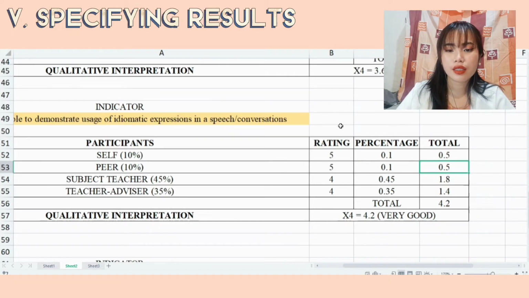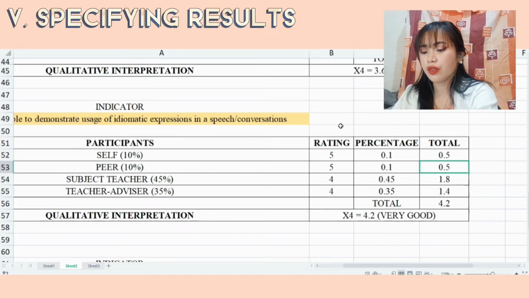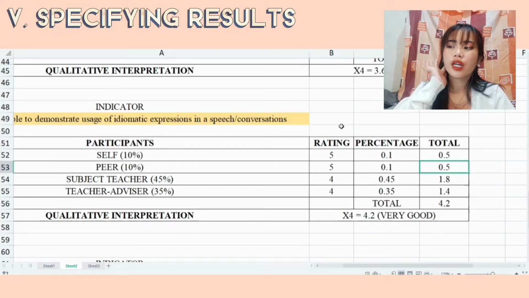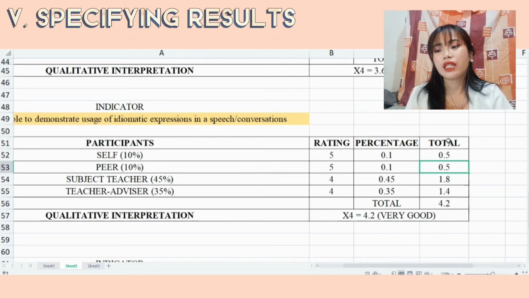It is very good. So the qualitative interpretation of the total rating of 4.2 for the indicator that says Chris is able to demonstrate usage of idiomatic expressions in a speech or conversation means he is very good at this.